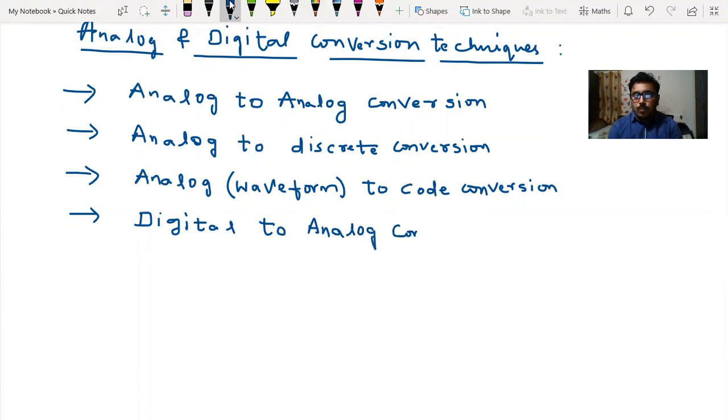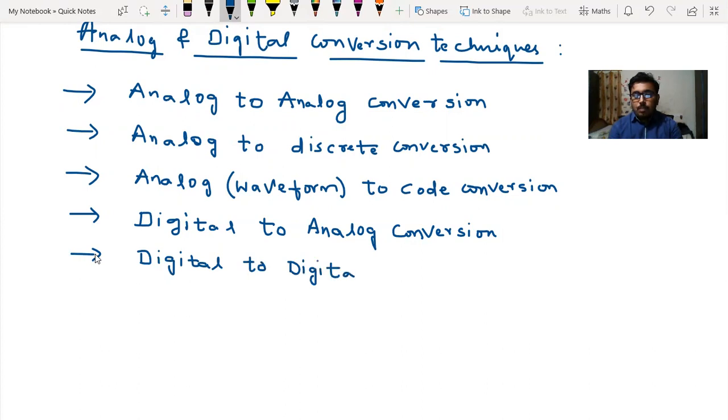Okay. So when we use these types of conversions, in some cases there is also a possibility of digital to digital conversion. That is one more type of conversion we can expect in real-time applications. So these are all the possibilities in analog and digital conversion mechanisms.